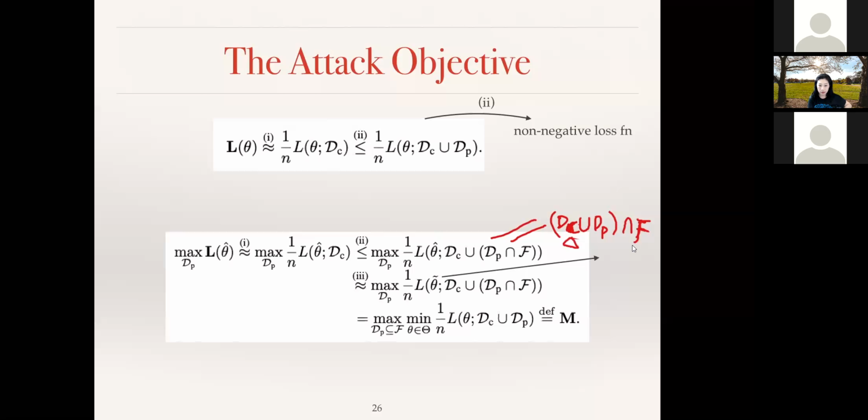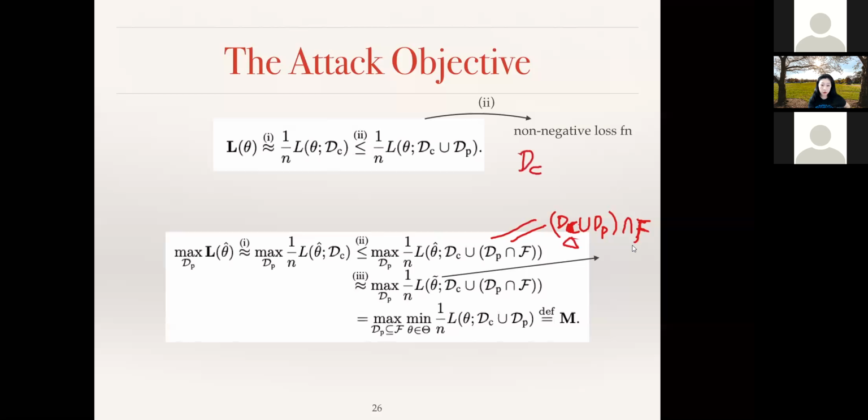I'm a bit confused here. Is this DC union the intersection of these two? If this is the case, then if we are maximizing over the union, shouldn't it be intersection DC union F? Oh, no. As a defender, what do you see?